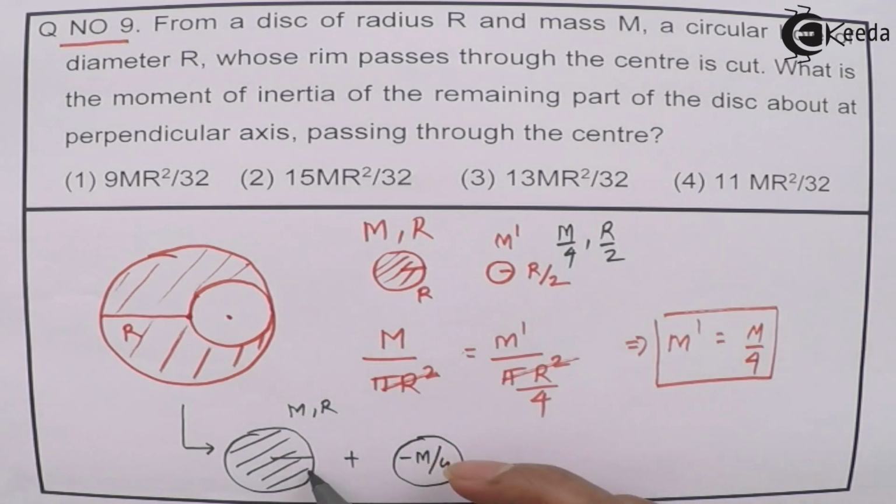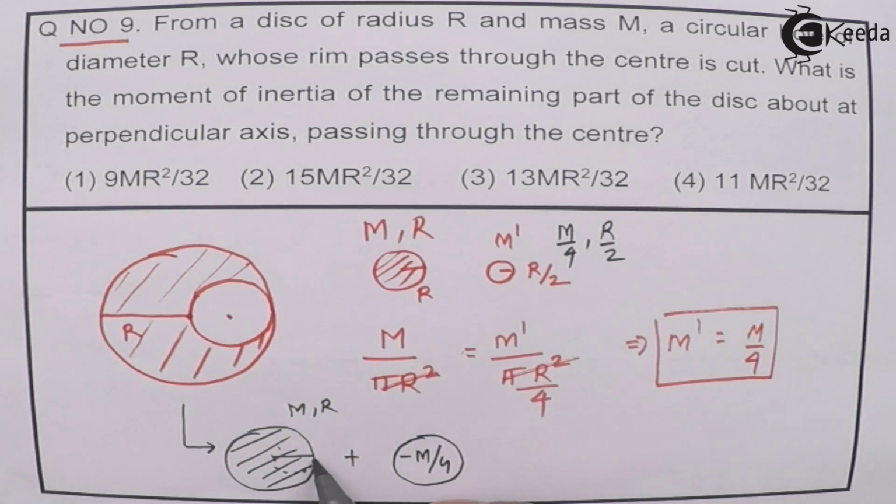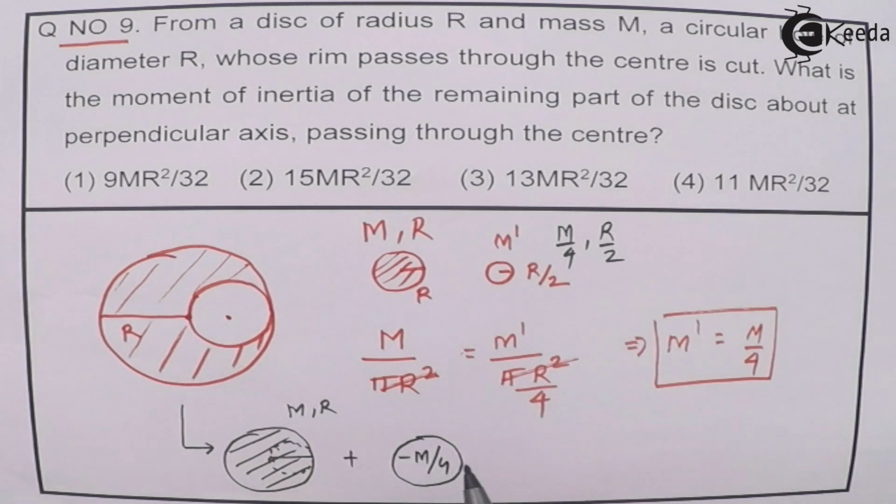The positive portion and the negative portion will cancel out and we'll have a disk with a hole here.